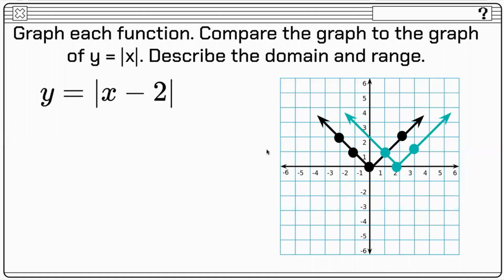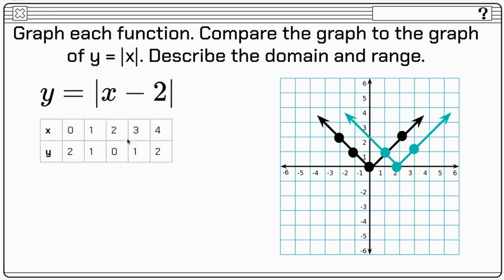You can also use a table of values if that's what you prefer. My quick tip for a table of values is to first identify your vertex. Remember that we said it was (2, 0). And from there, you can choose more convenient points so that you get the entire graph. So I would recommend choosing like 2 points to the left of the vertex and then 2 points to the right of the vertex.